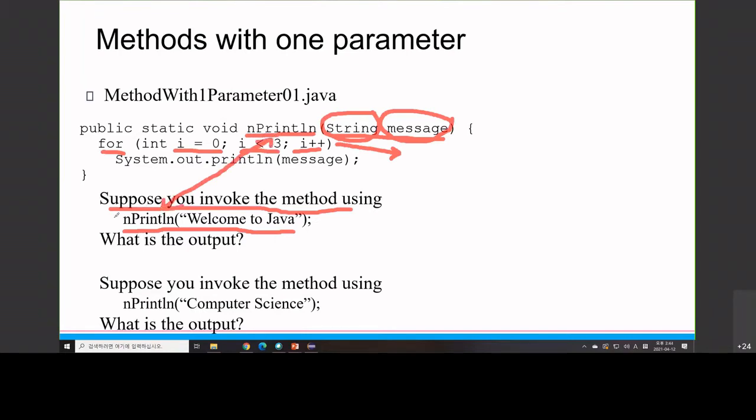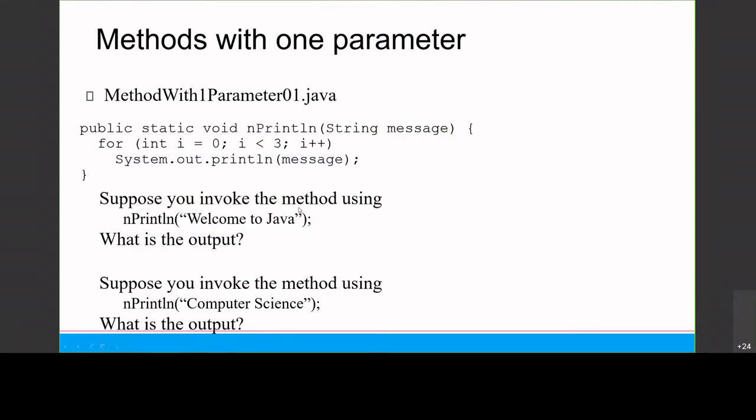Now, if I run this statement nPrintLine, and then I have one parameter or one argument, what is the output?